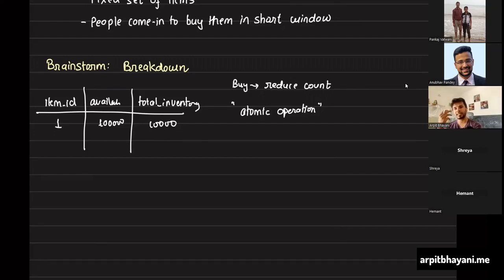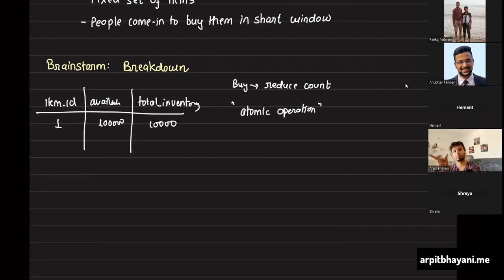Do you need to accept payments for that, or is this post payment? Okay, I think this is post payment. But then the problem still starts from pre-payment itself, right?